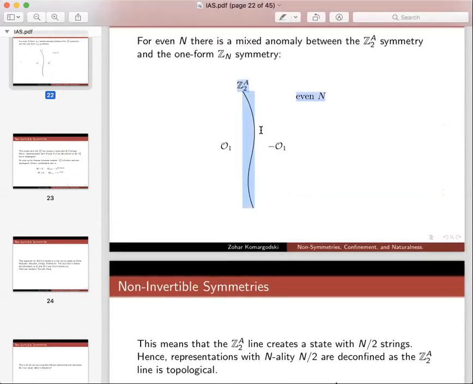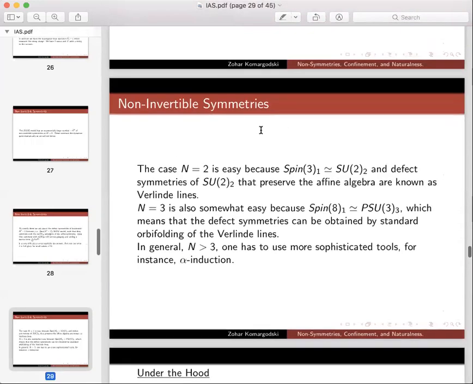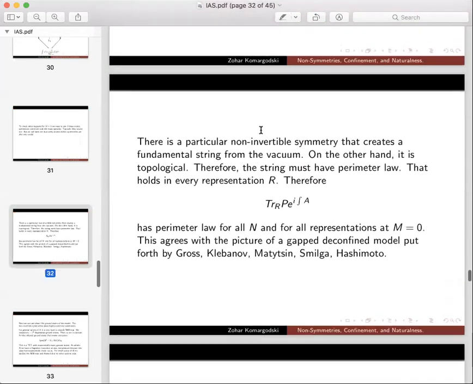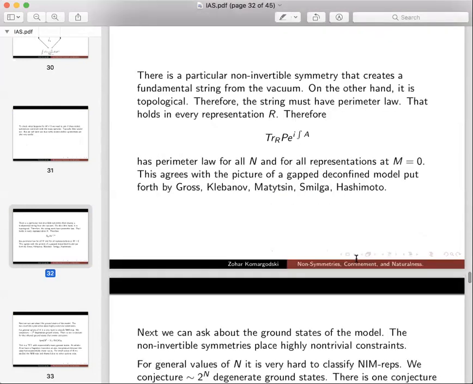There is a symmetry that creates one string rather than n over 2 strings, and it's topological. So once you find that, you're done. This is a one-line proof that all quarks are deconfined. So in this model, all the quarks in all the representations are deconfined at the massless point, not just the representation n over 2. And this is true for all n.